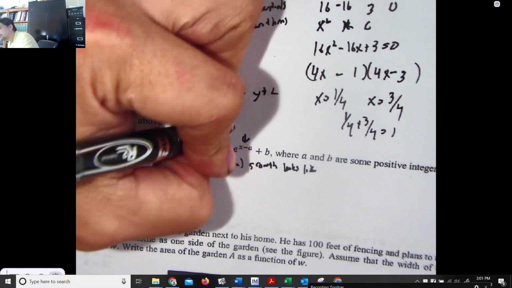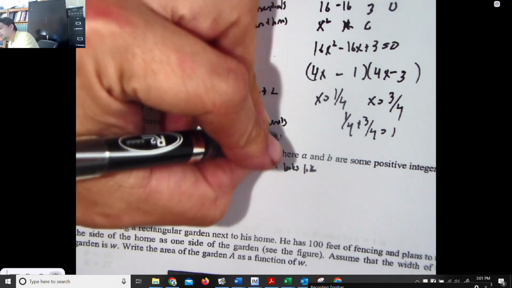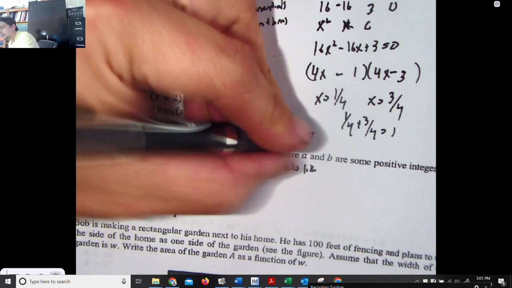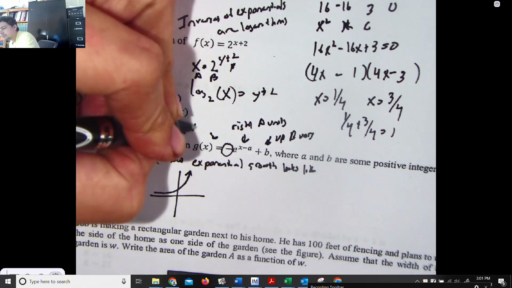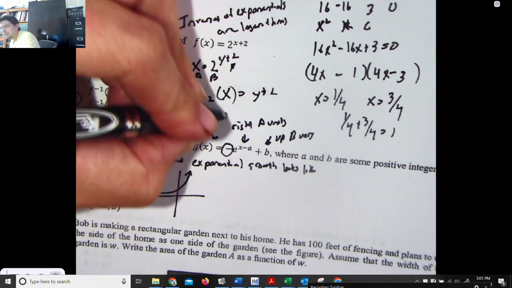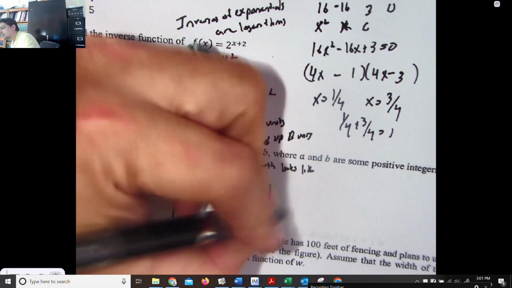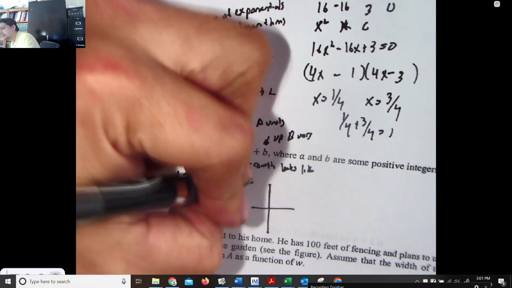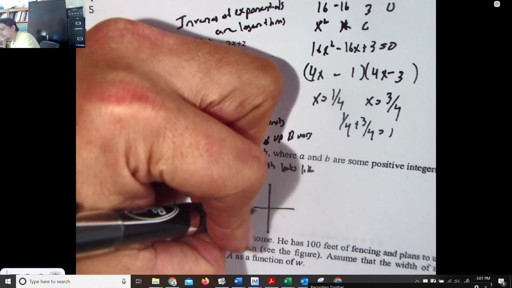This thing is going to go right a units and then up b units. And this little guy right here is an x-axis reflection. And it's the most important thing other than this one. So if I do the negative e to the x, I would look like this.